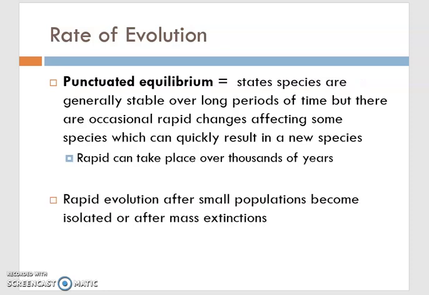Compare this to punctuated equilibrium, which is that species are generally stable over long periods, but then there's occasional rapid changes that create new species. This can occur after species become isolated, maybe there's a geographic isolation, or it can occur after mass extinction as well.